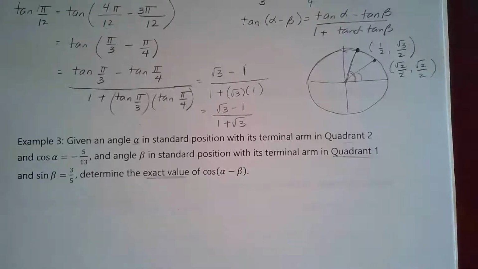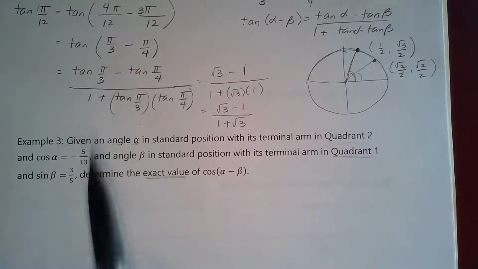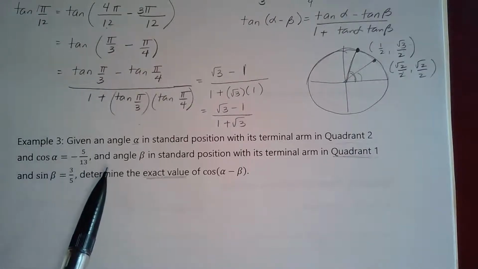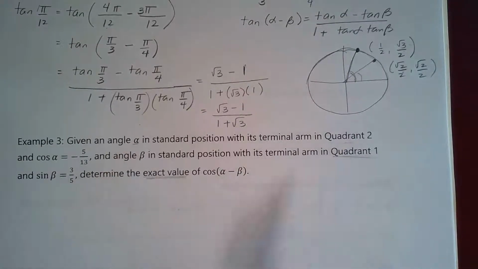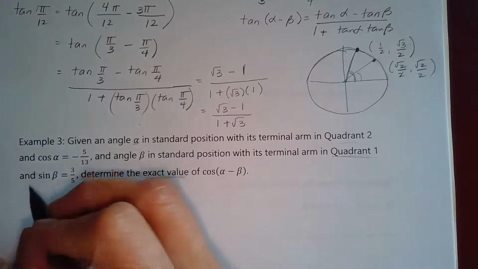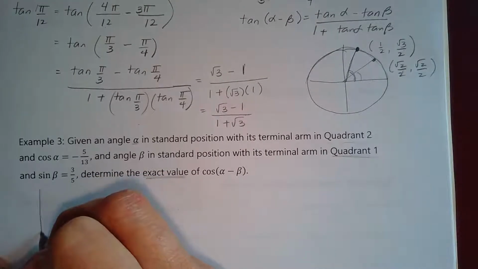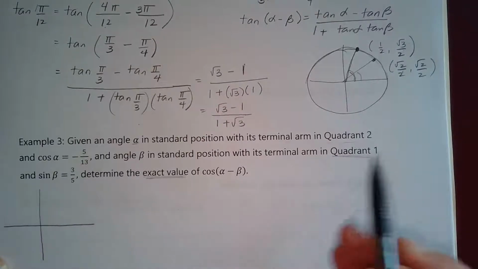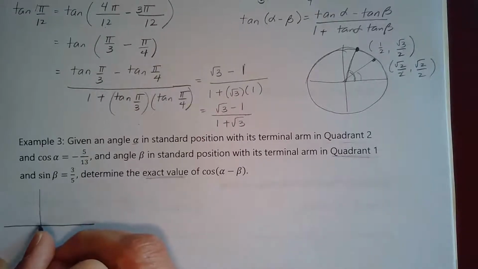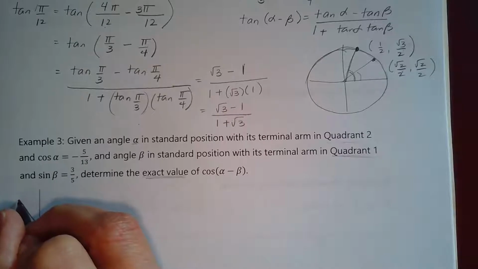So how do we do this part in here? Let's see. Let's start with this one here. Angle alpha is in quadrant 2, like that.